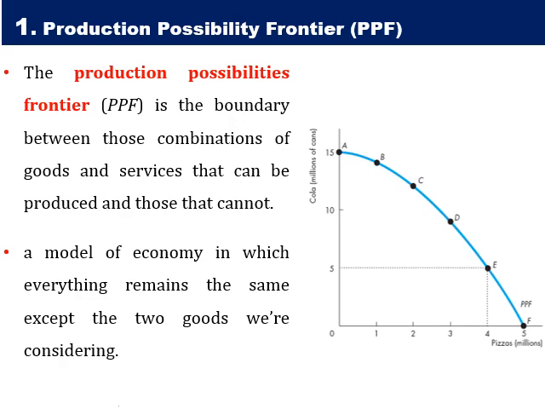So if we draw it as a curve, this will show us the limits between what we can produce, which is points on this curve or under this curve, and the levels of production that we cannot produce given our limited resources and the available technology, which are any point above this curve.